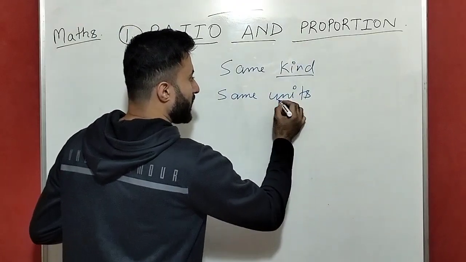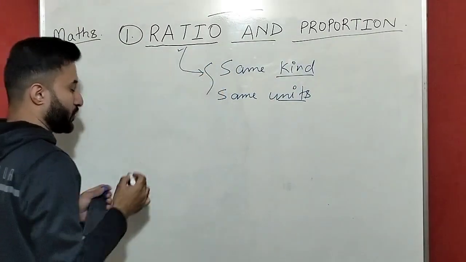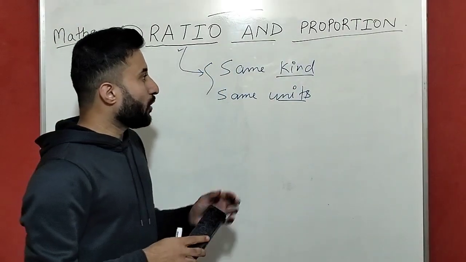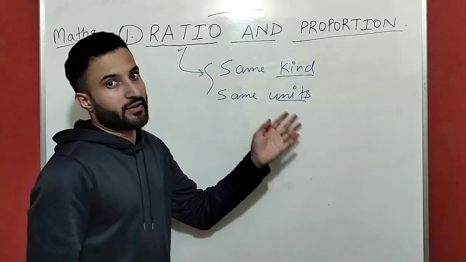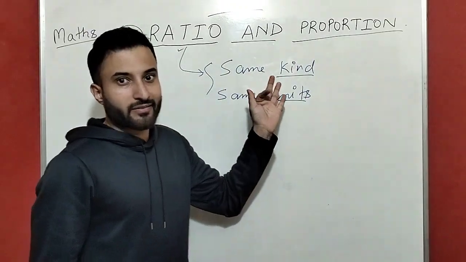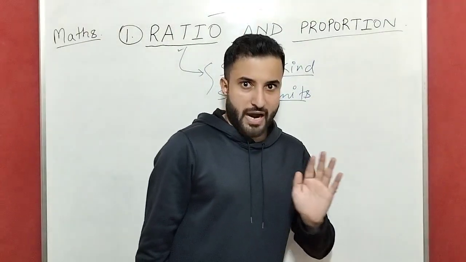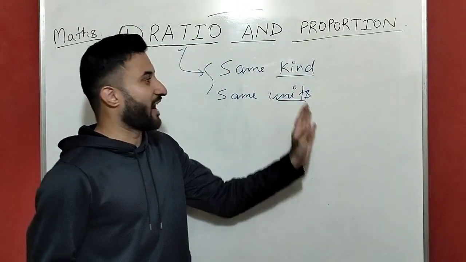These two things are very important for the comparison in ratio. Now we will understand about same kind and same units. See here, same kind doesn't mean kind hearted. A kind hearted person, no, it's not like that, it's not a same kind.